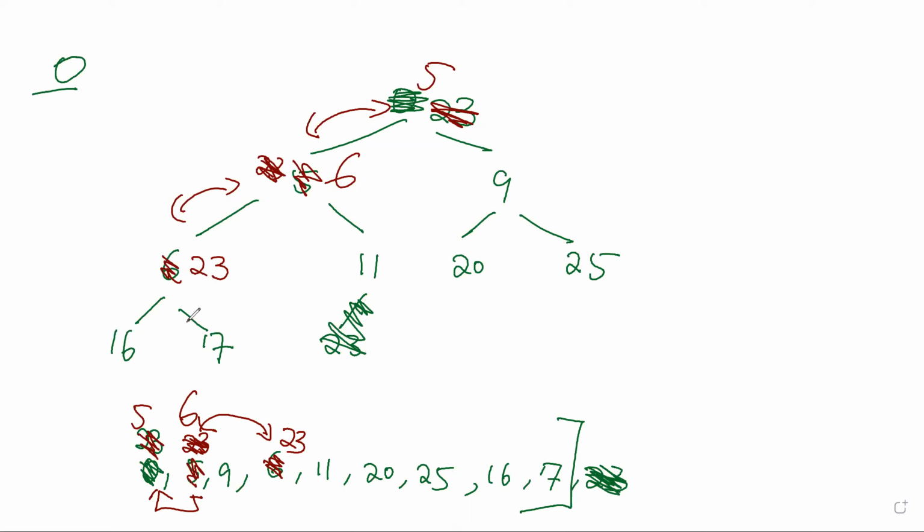You need to find the lesser of the two children. It's less, so you bring 7 up, and 23 swaps with 7. So 7 is here and 23 is here. Now you have this balanced. That's what the algorithm says.